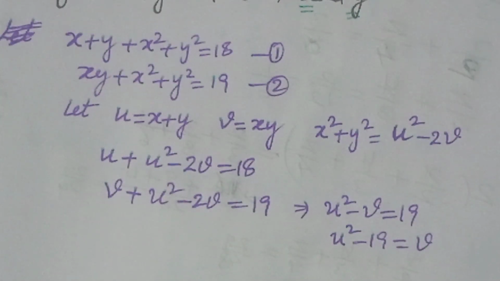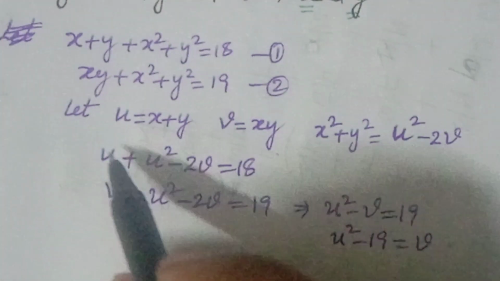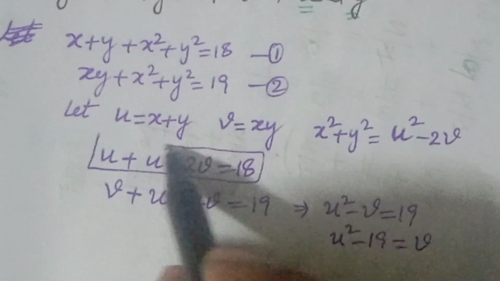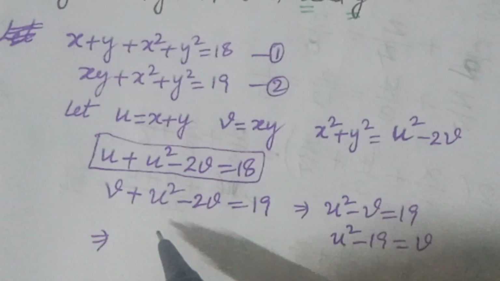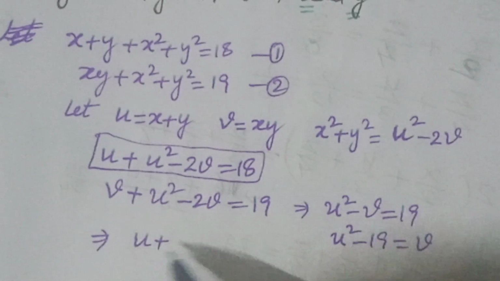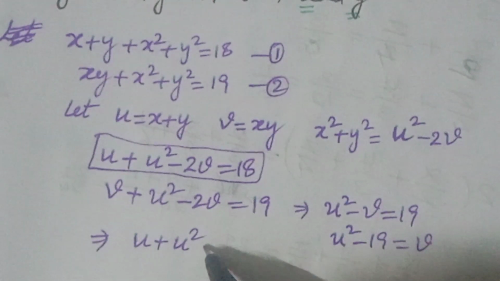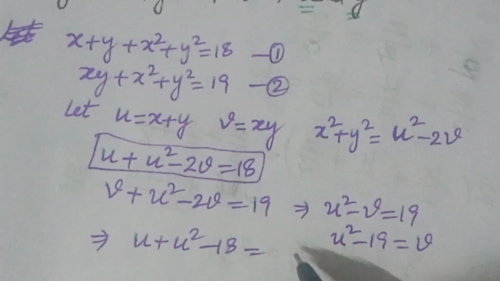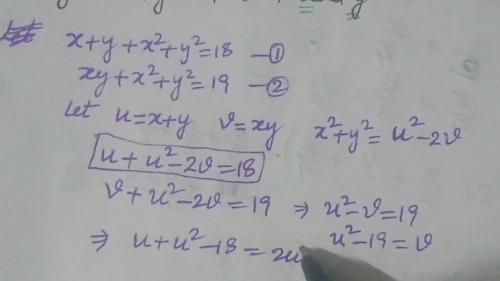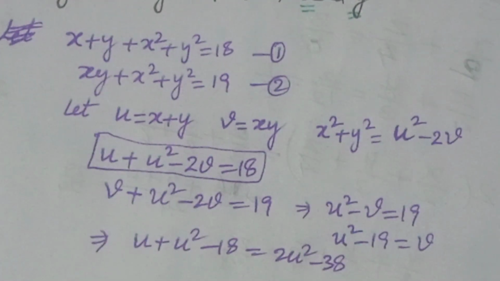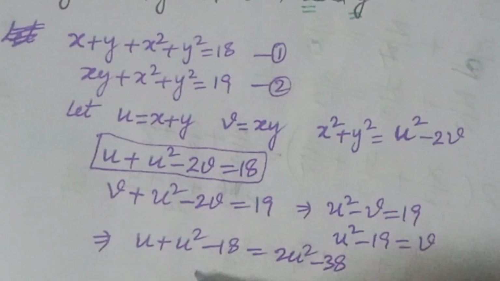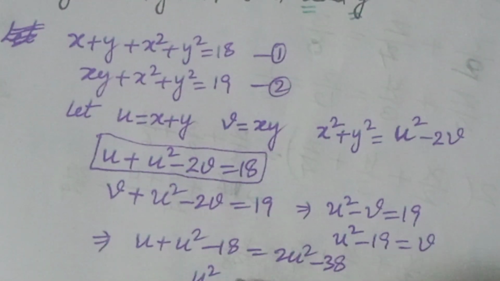If you substitute in this, what will we get here? u plus u square minus 18 is equal to 2u square minus 38. So if you take all the terms to one side, u square minus u minus 20 equal to 0.